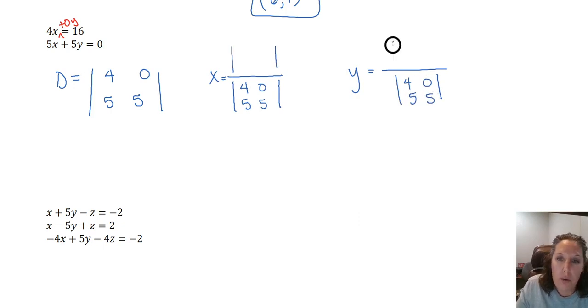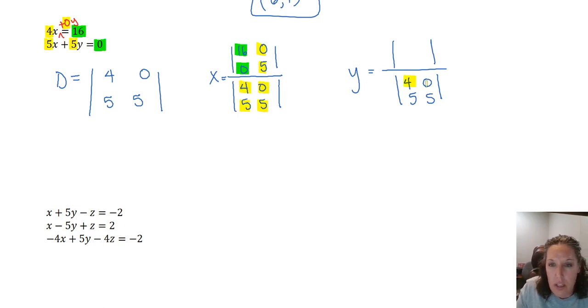In our numerator, remember for our x value, we are going to replace our x coordinates with, instead of doing 4 and 5, we're going to use 16 and 0 because those are the constants that we have. Our y coordinates are going to stay the same, so these will always be the same thing that we have on our D matrix there at the bottom.